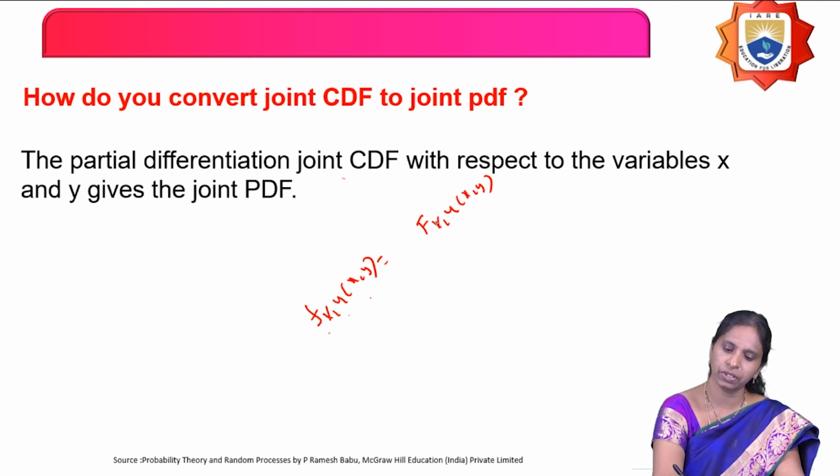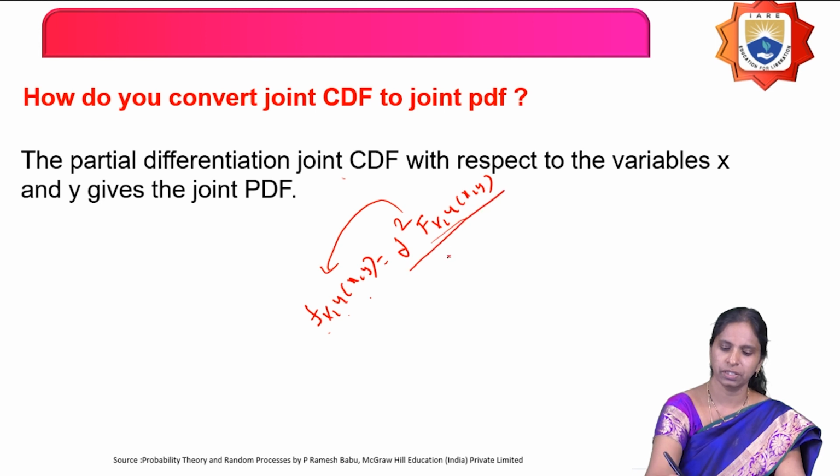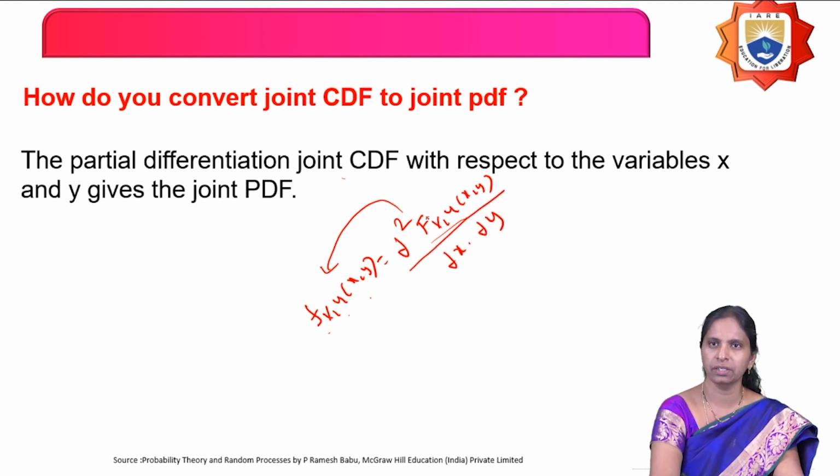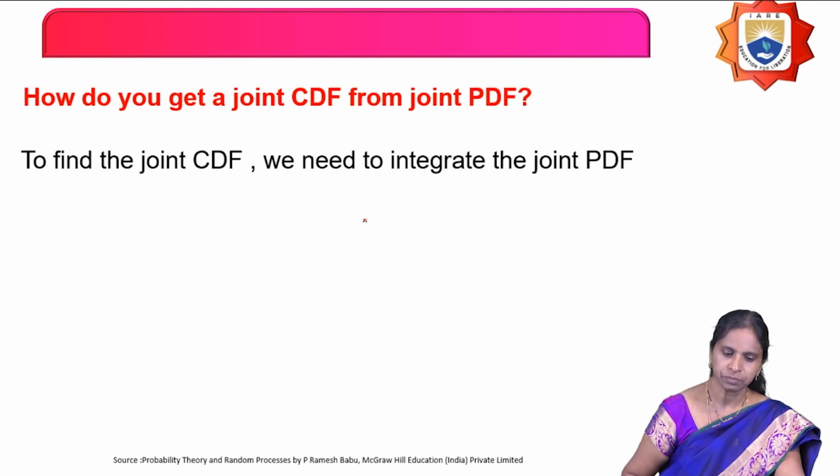The question is, how do you convert the joint distribution function into the joint density function? By using the second order differentiation. Like that, you can convert the joint distribution function into the joint density function.